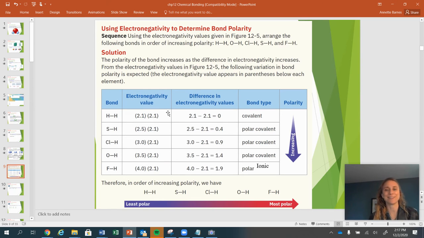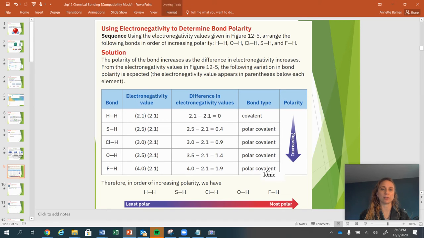Hydrogen, hydrogen, they have the same electronegativity, so obviously the difference would be 0, definitely covalent. Let's see, the electronegativity difference of sulfur and hydrogen is going to be about 0.4. Some people call that a polar covalent. Yeah, I don't know. I'd say on our scale, we called it a non-polar covalent, didn't we?